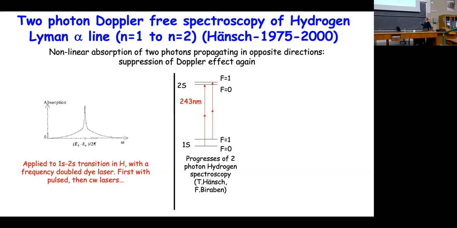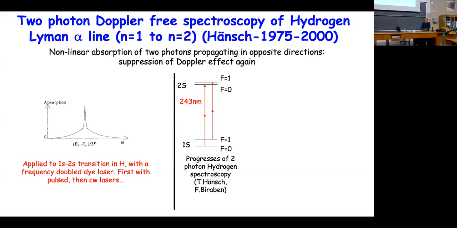And so what you need is a photon whose wavelength is twice as big, 243 nanometers, which is still UV. And in fact, these 243 nanometers are obtained by doubling the frequency of a laser at 486 nanometers, which is a blue-green laser.